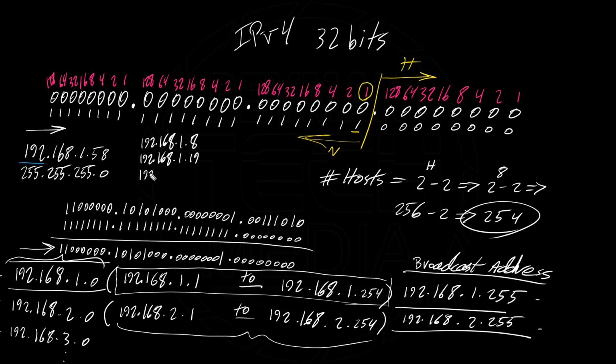Another IP address, 192.168.1.116. So all these IP addresses, based on the default subnet mask 255.255.255.0, are on the same network, and they can ping and talk together simply by being connected to a switch.